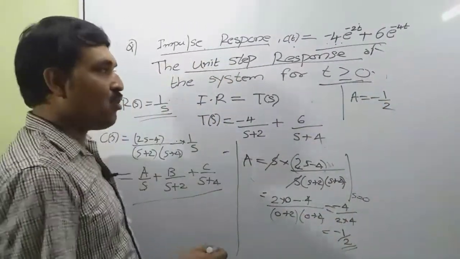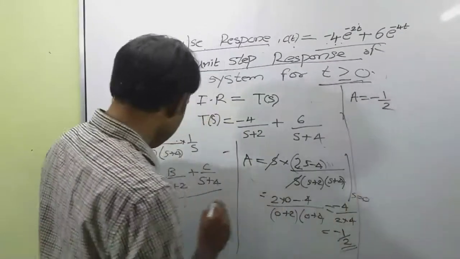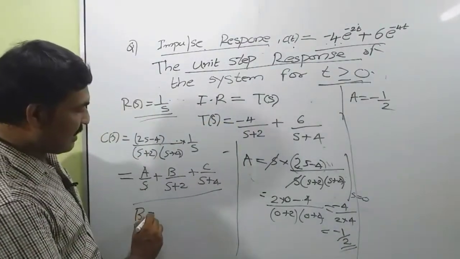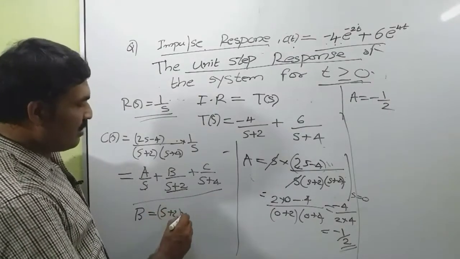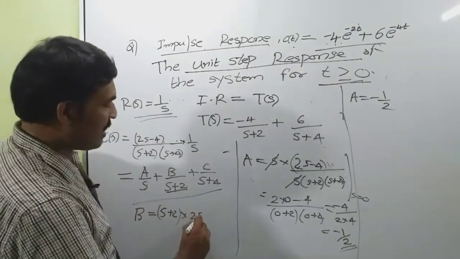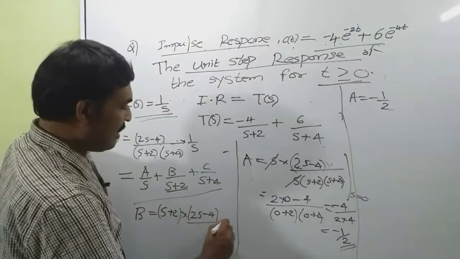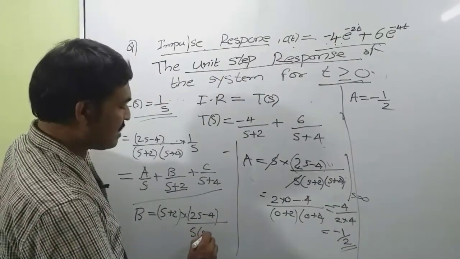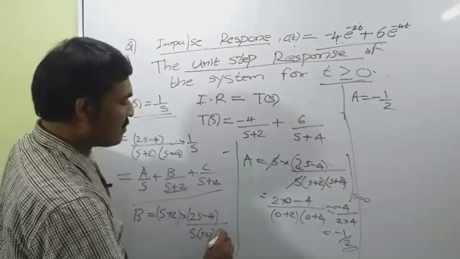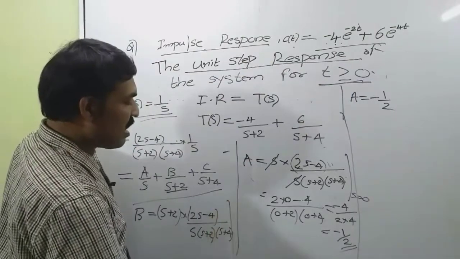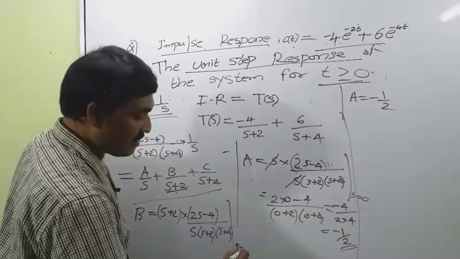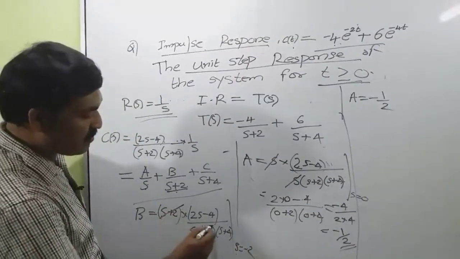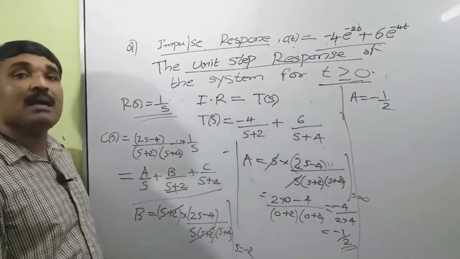Now find the value of B, that is B is equal to (s plus 2) into this function, that is (2s minus 4) divided by s into (s plus 2) into (s plus 4), evaluating at s is equal to minus 2, that is a pole. So this (s plus 2) and (s plus 2) cancel. Put s is equal to minus 2 in the remaining term.